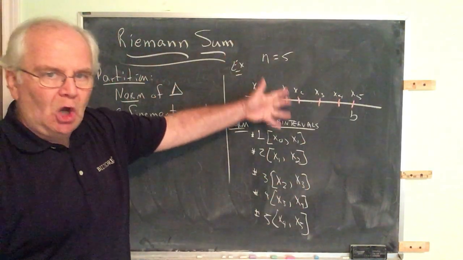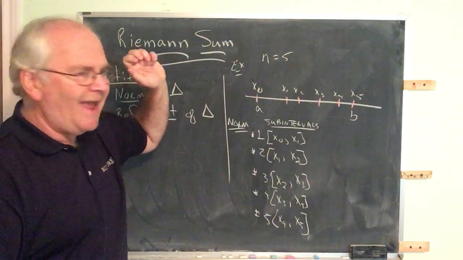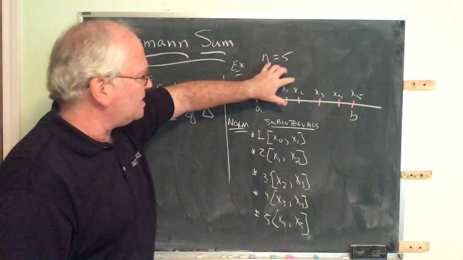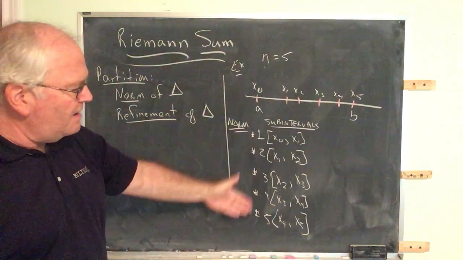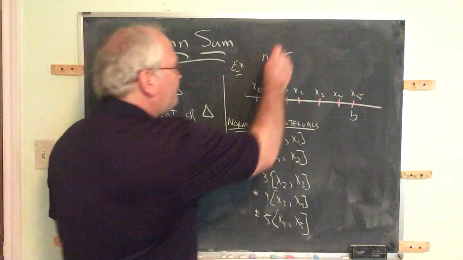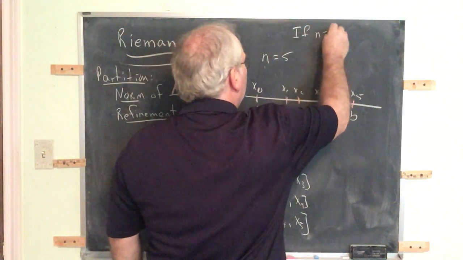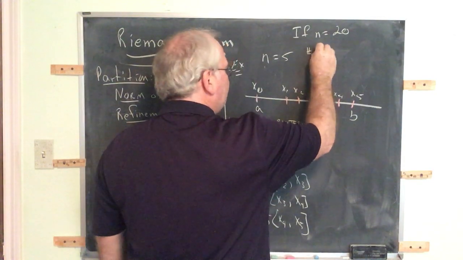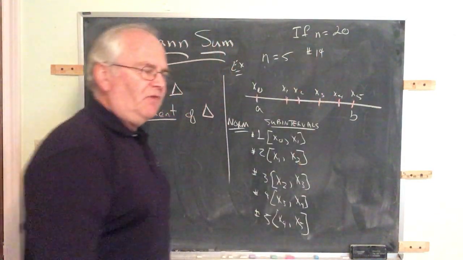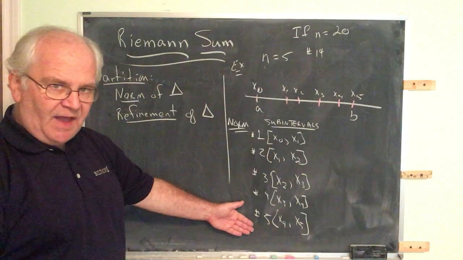So if we had a much larger partition, suppose instead of just n equal 5, we had n equal 20. Then, if we want subinterval number, let's just pick one out of the blue sky, subinterval number 14, we know how to represent that.